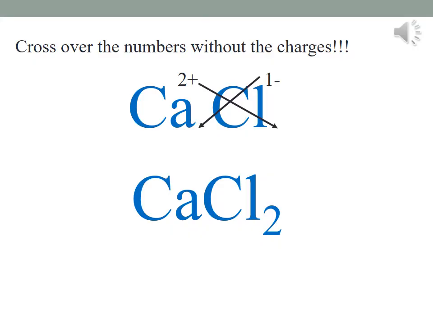Once we do that, we can see that the charge, the plus and minus, are no longer there, and we only have the numbers at the bottom. So if we were to look at this, it says CaCl2. That means we have 1 calcium, Ca, and 2 chlorines, Cls, in our chemical formula.